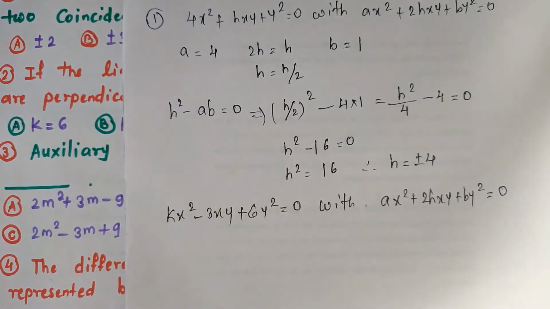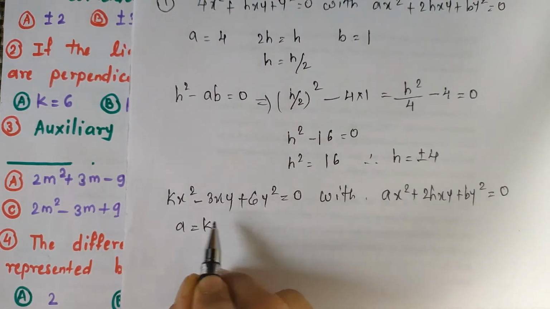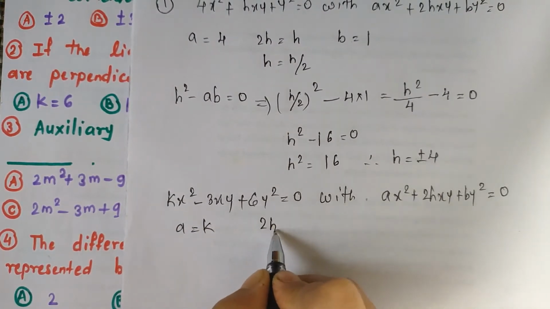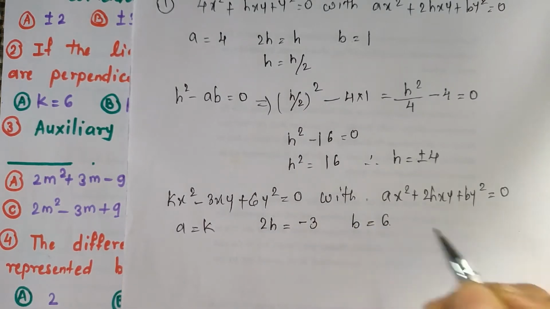Then by comparing, a is equal to k, 2h is equal to minus 3 and b is equal to 6.